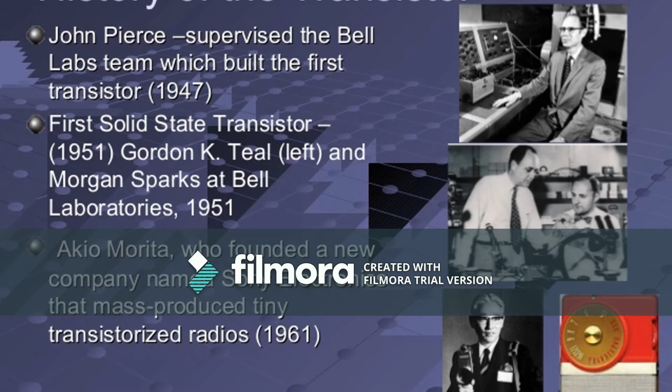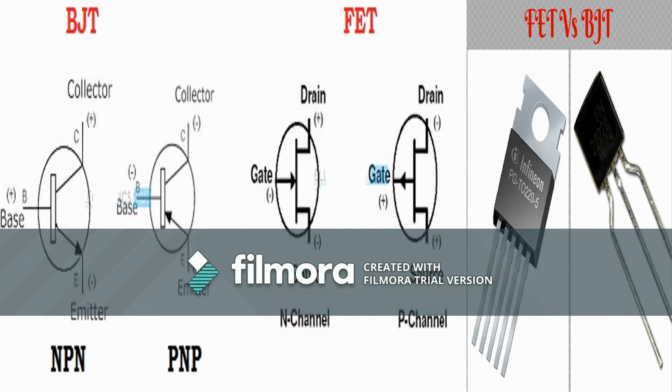The commercial use of transistors increased dramatically in the 1950s, beginning with telephone switching equipment and military computers in 1952, hearing aids in 1953, and portable radio in 1954.